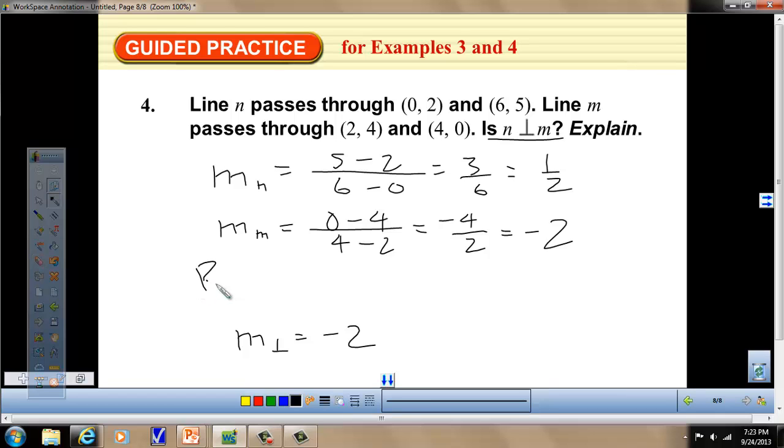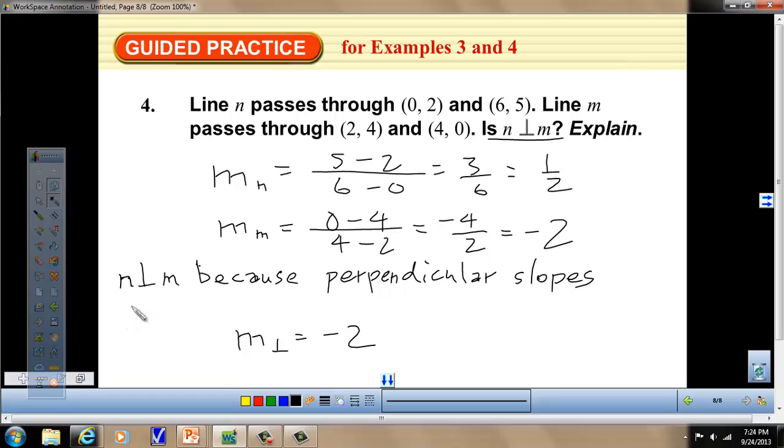And if we want to explain, we would say, let's see, perpendicular slope. So we would say, first of all, n is perpendicular to M. And the reason would be because perpendicular lines have opposite reciprocal slopes.